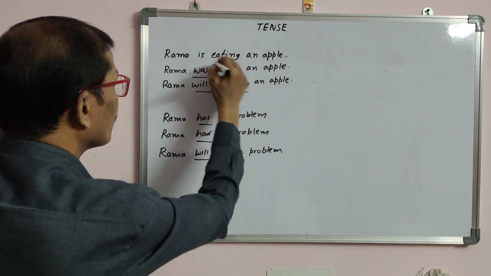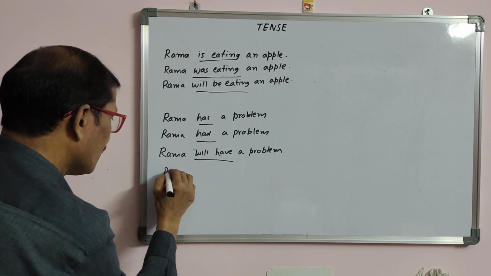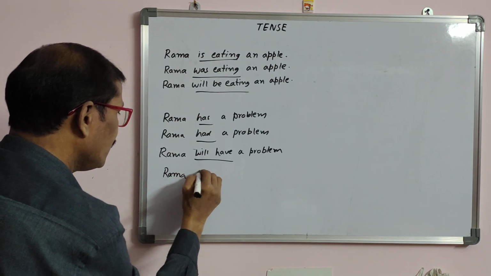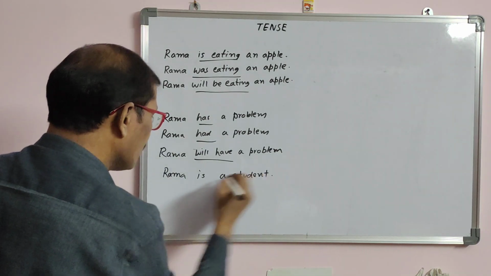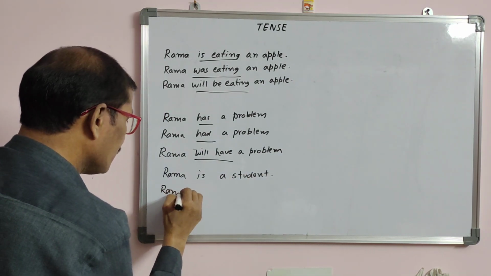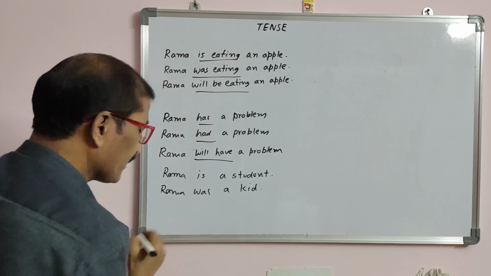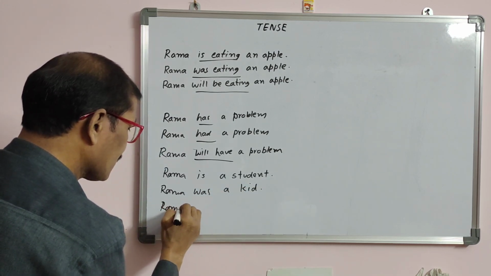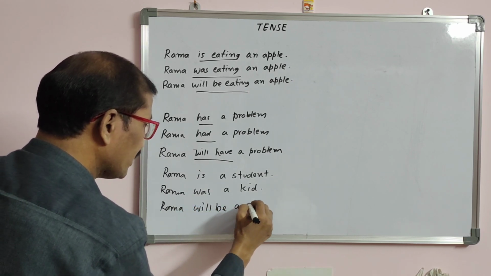I underline this and I give you some more examples. Rama is a student. Rama was a kid. Rama will be a scientist.